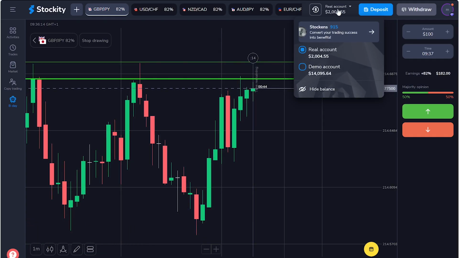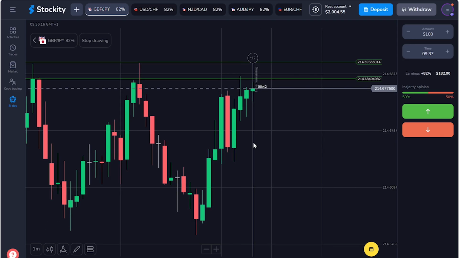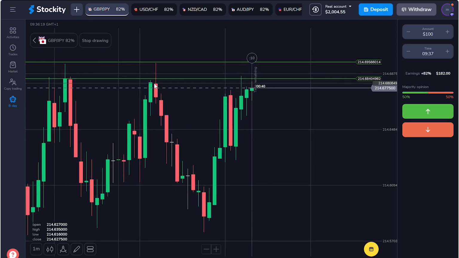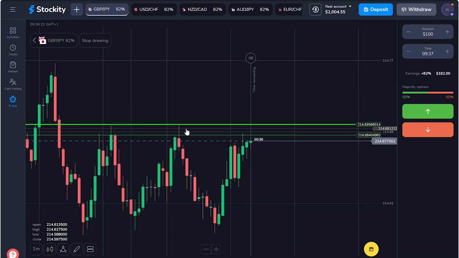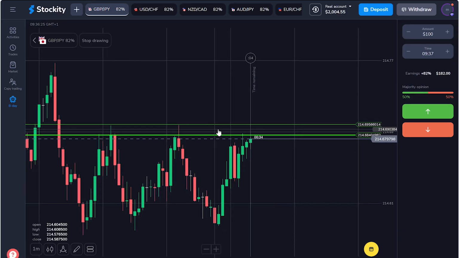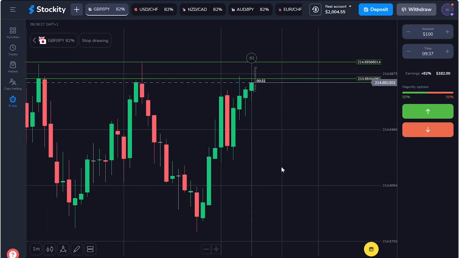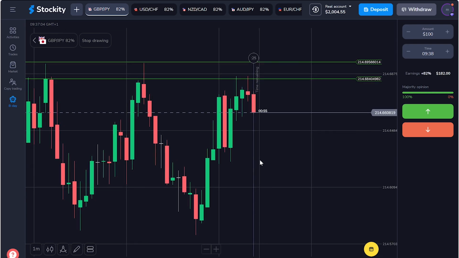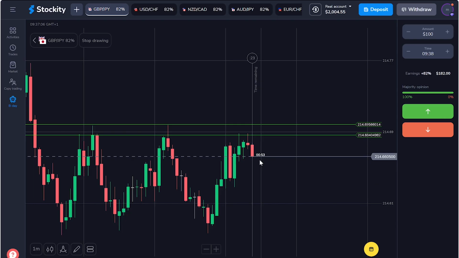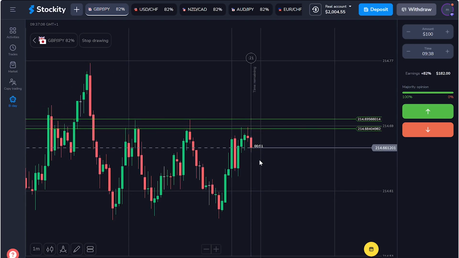All right, so let's get started. I've already marked this level. I'm trying to take a trade on this resistance level, so I've just been waiting. I think we've missed this opportunity.